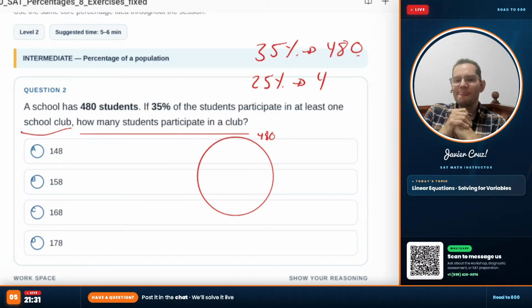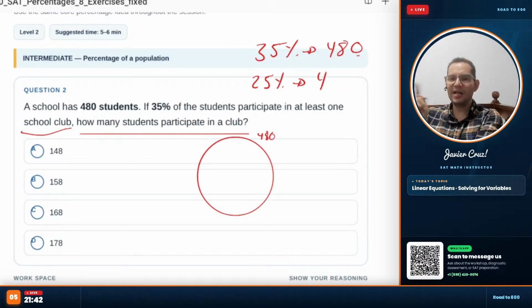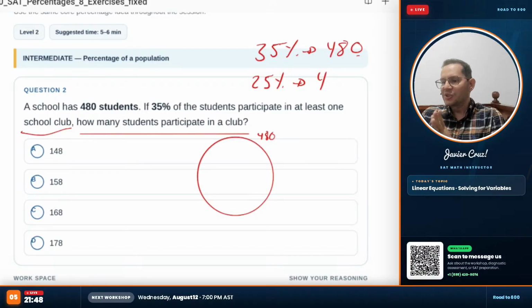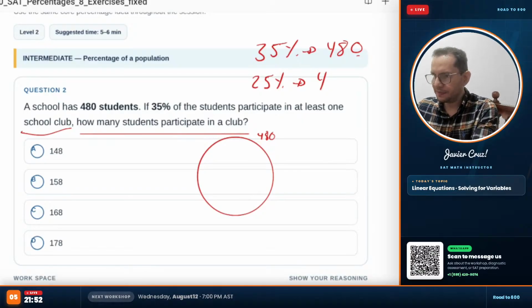What is the best way, the easiest way to find the 35%? I'm not using a calculator, right? I just need to use my mind and my pencil, right? So I have a great technique to find the 35%.